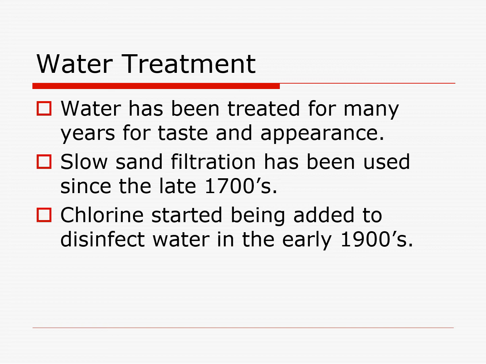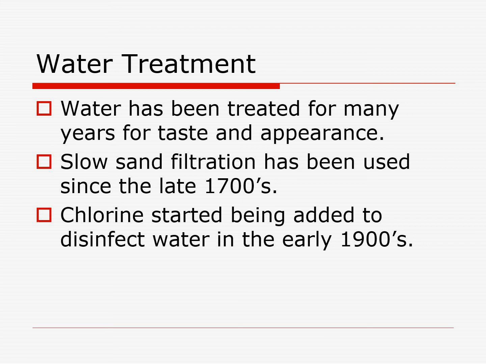So for a very long time, people have actually treated water. Slow sand filtration is something that's still being used today, but it actually started being used in the late 1700s. Now, chlorine started being added to water so that it could disinfect water in the early 1900s.